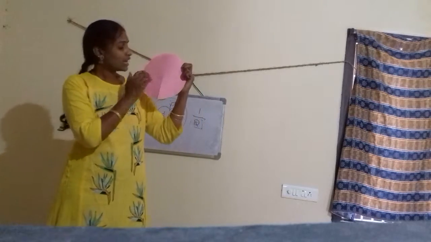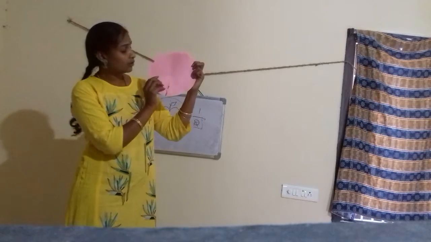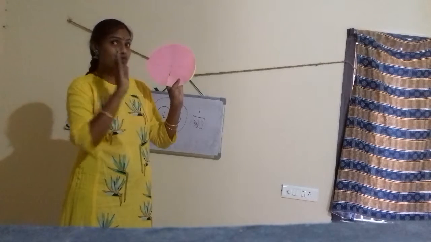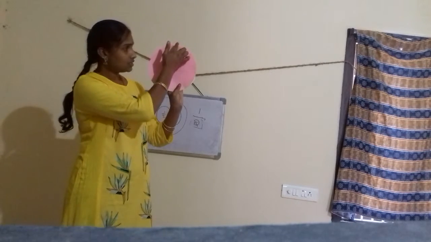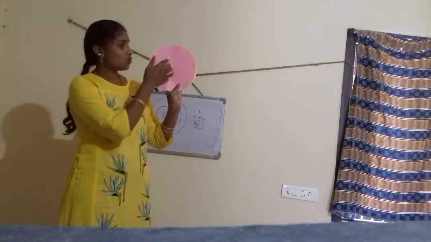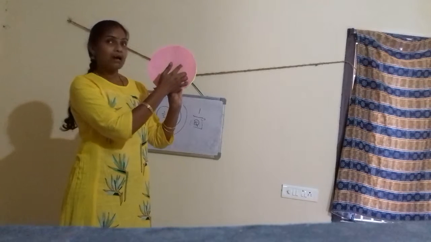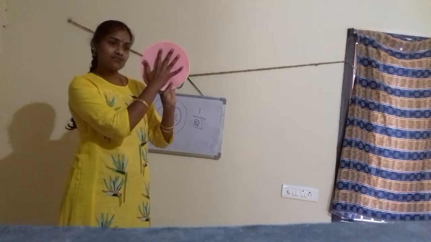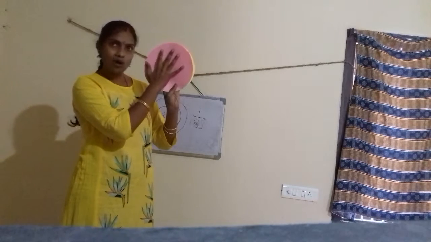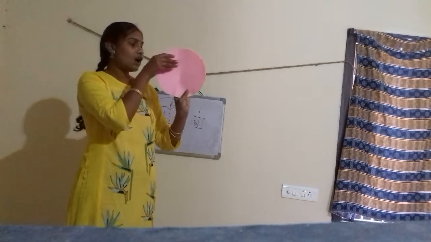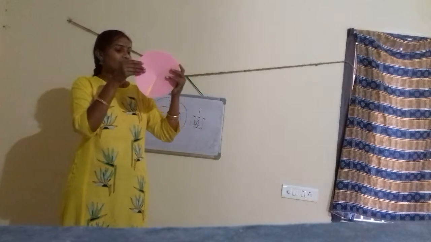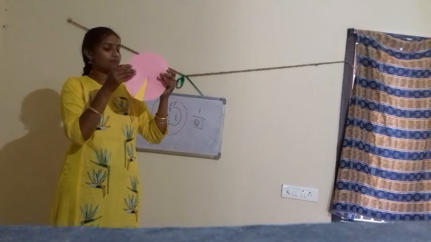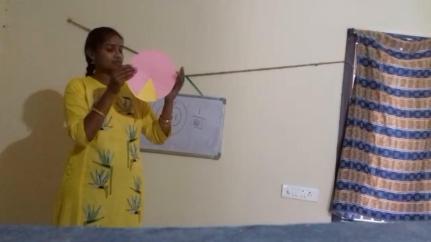This shape I'll divide into 4 parts: first part, second part, third part, fourth part. The pink part is the total whole. One piece I'll cut and keep. See the magic.